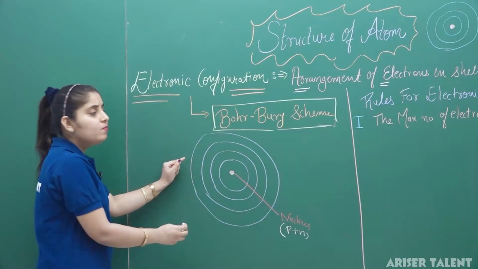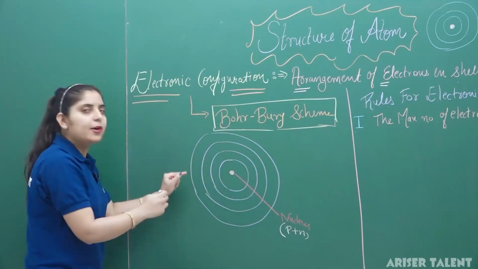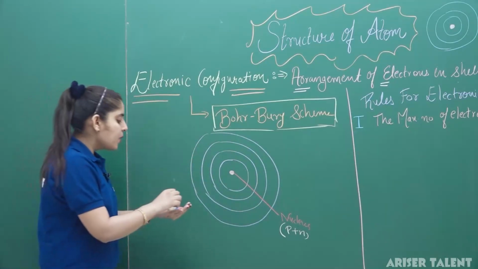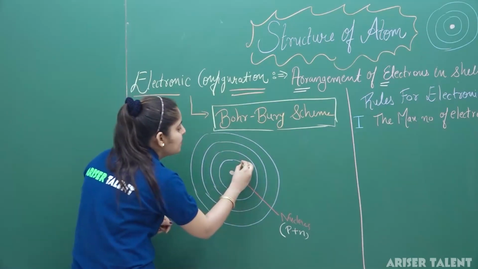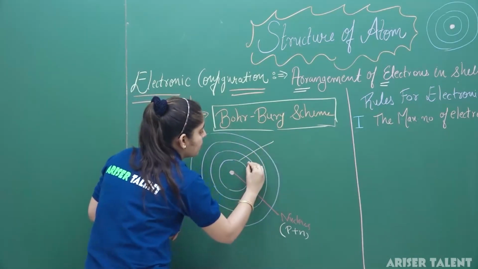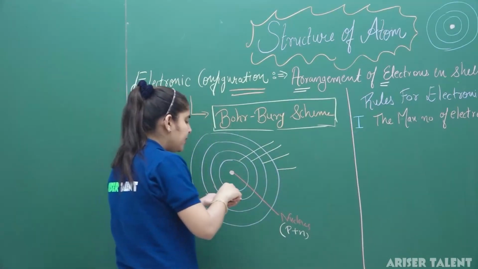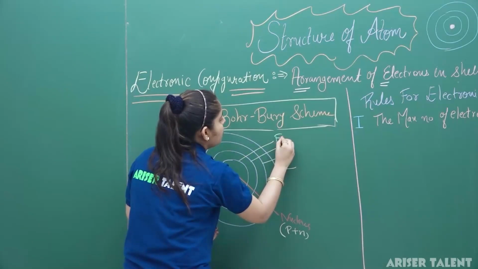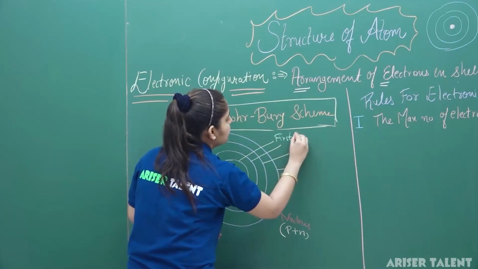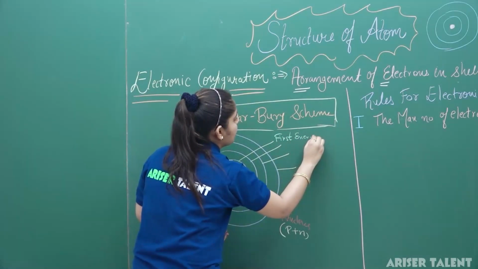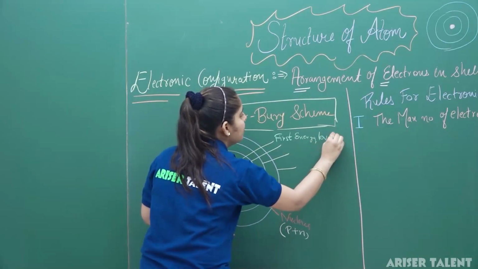And in these energy shells, electrons will revolve. This is the first energy shell, or we can say first energy level.